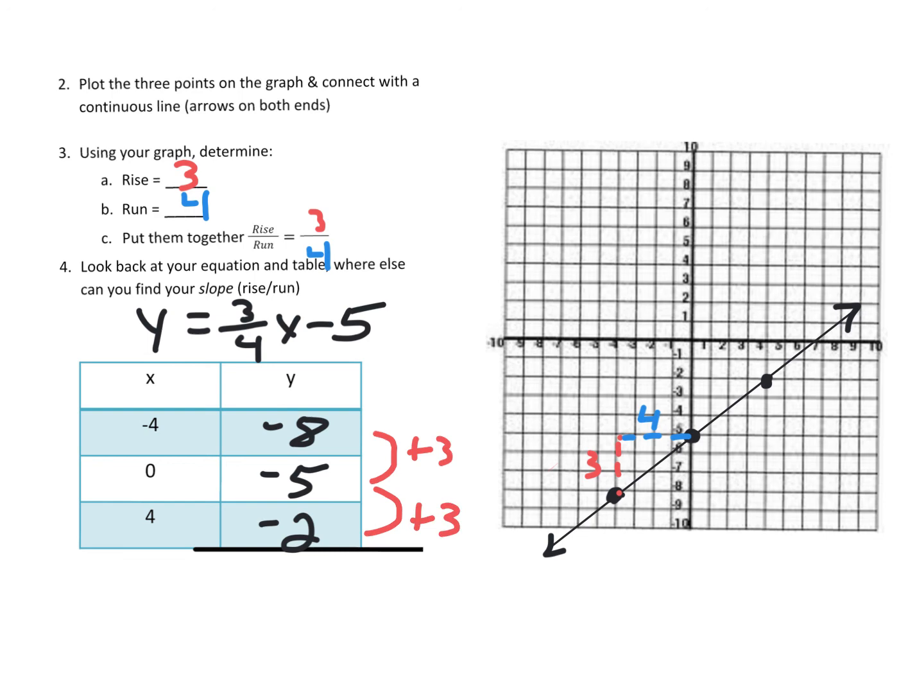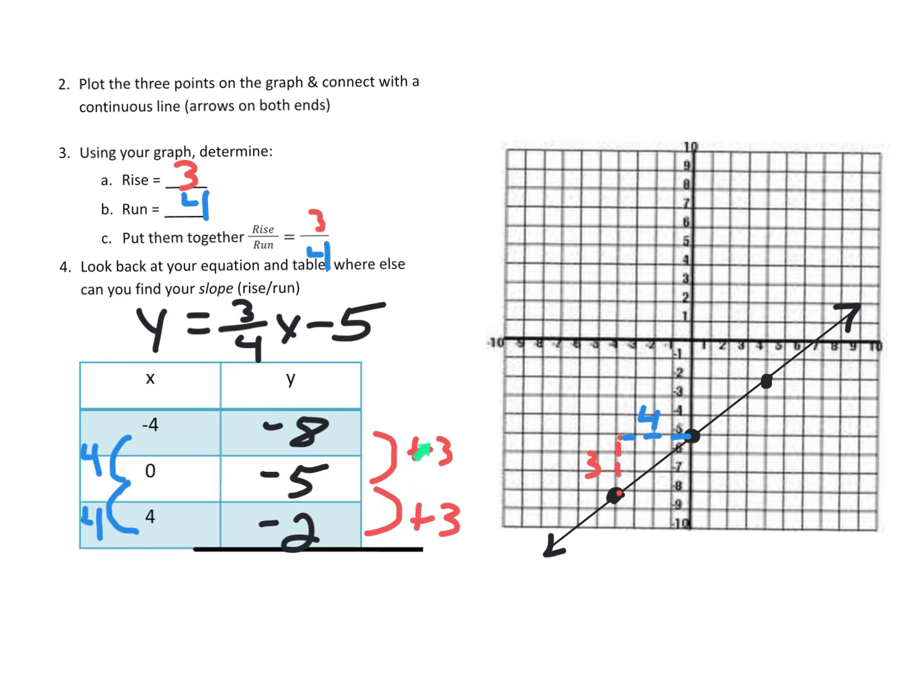It's a change of +3 every time with the y. Now, if you come over here to the x, okay, to go from -4 to 0, we add 4. And to go from 0 to +4, we add 4. All right. So again, you can see the 4.